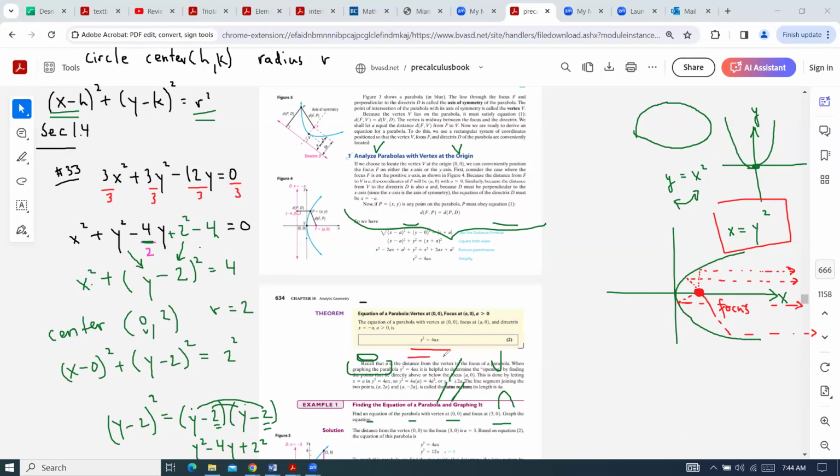So if you have a way to find the focus, if you treat this as y squared is equal to, they say, 4a times x, like in this formula, so they don't really prove it, but they just state it.